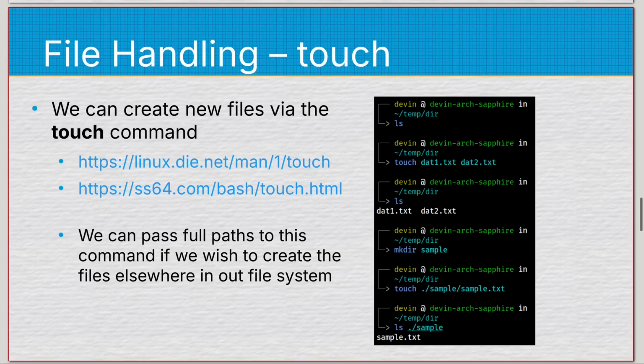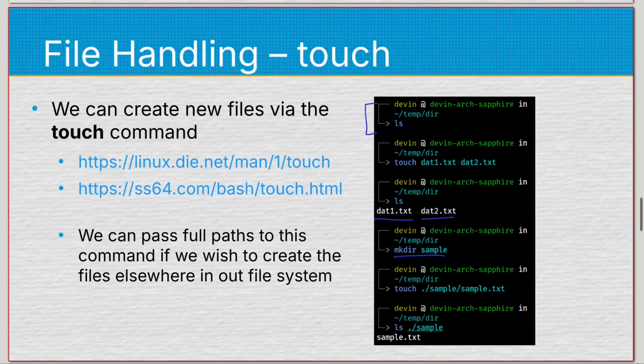So again, if I look here, I run ls in this temporary directory I got, it's empty. If I do touch dat1.txt dat2.txt, and then I run ls, you'll see, hey, I've made 2 text files in this directory.